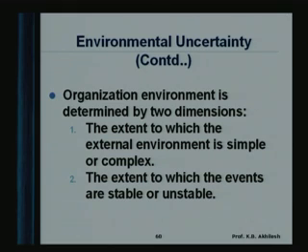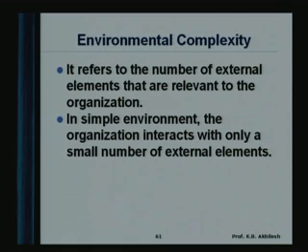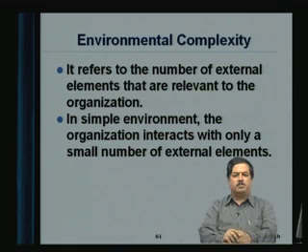Dynamic, static, simple or complex defines how the organization can respond. Complexity refers to the number of external elements that are relevant to the organization. A simple environment is one where the organization interacts with only a very small number of external elements.